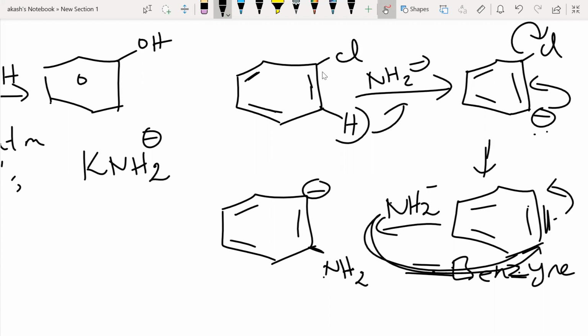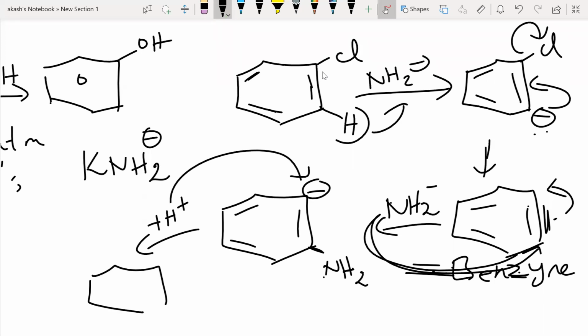Now you have removed H plus, so just add the H plus to this negative charge. So you will be coming back with a benzene ring with an NH2. Now you can ask me, sir, the Cl was here, the NH2 is here. It all depends on where it attacks. If it would have attacked at the other place, I would have got the same exact product. But you don't have to worry about it, since this is symmetrical.